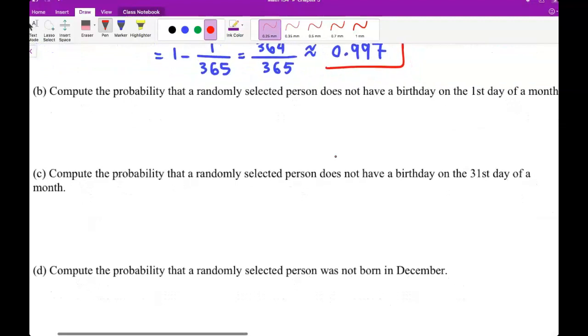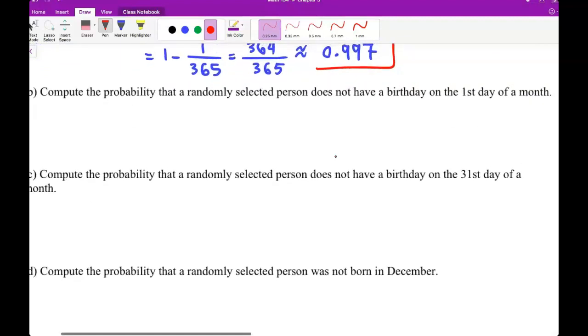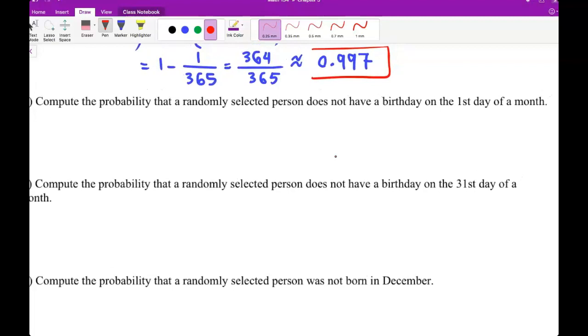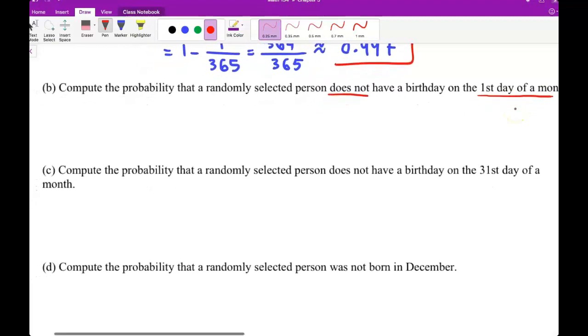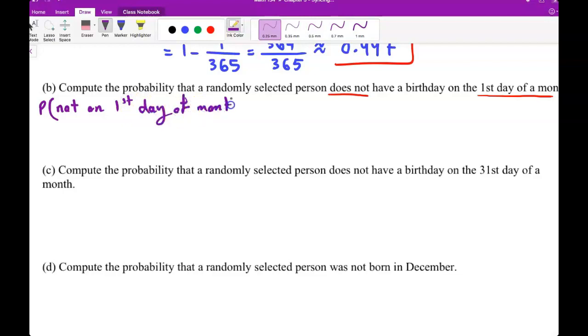Part B, compute the probability that the randomly selected person doesn't have a birthday on the first day of a month. Here again, does not. And it's on first day of month. Probability of not on first day. Again, we have does not, so subtract from 1.